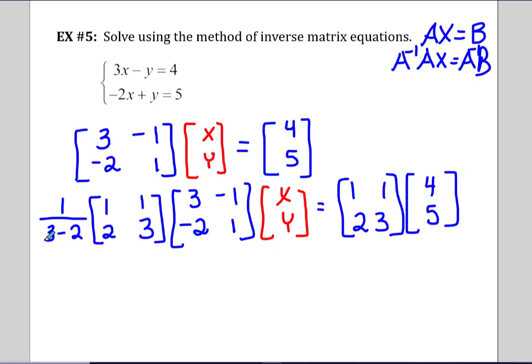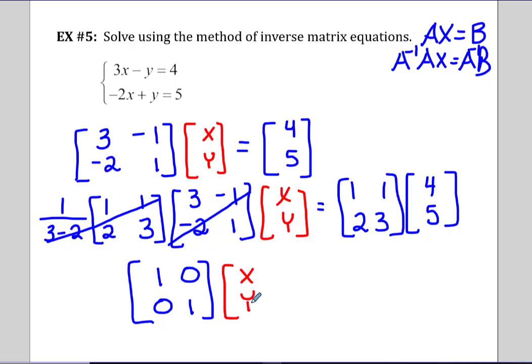So this matrix times this matrix is the identity. And we're not going to spend time doing that. We just know that if we've done the work correctly, that's the correct answer.